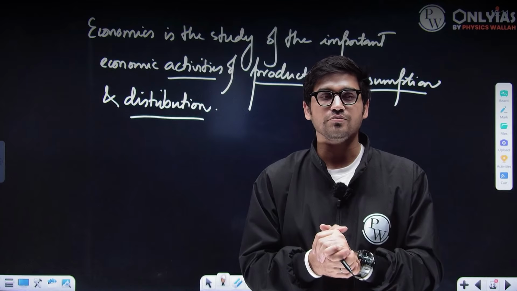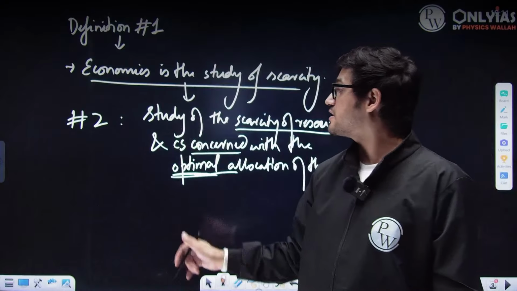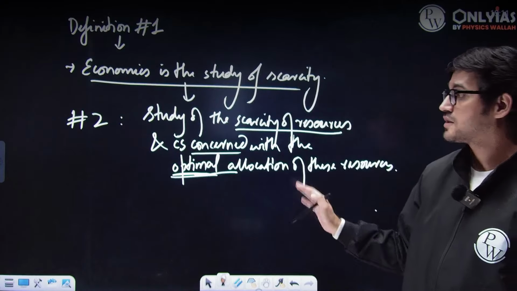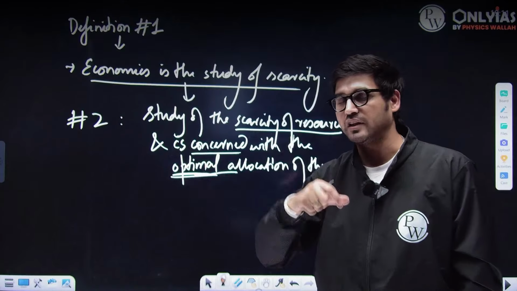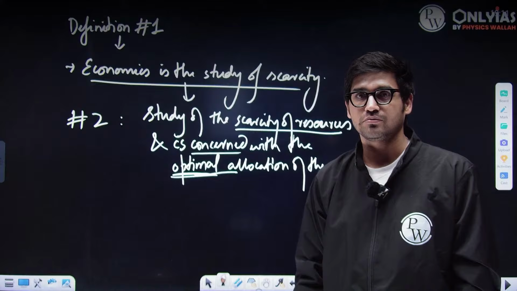There are many ways of defining economics as a discipline. Definition number 1, economics is the study of scarcity. Very simply put, if you get a 10 marker, this is how you can define economics. If you get a slightly bigger question, where you have to explain a little bit more, you can say economics is the study of scarcity of resources and the ultimate objective is the optimal allocation of these scarce resources.